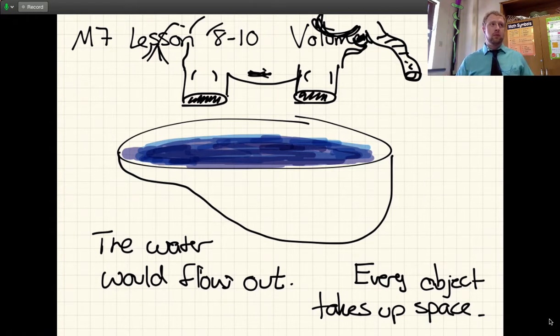Air. You're right. Air is filling everything in this room where there isn't another object. If I were to take all the chairs out, what would replace it? Air. Okay, so that's the main idea here.